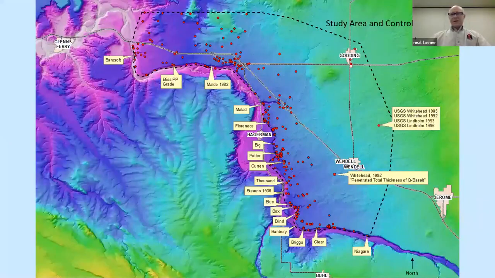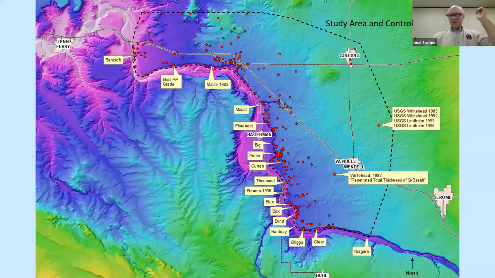This is the study area in south central Idaho, near the towns of Gooding, Wendell, and also Bliss at this location. All these red dots are control points that are used in the 3D model of the QT surface. I'll get into that acronym in a second. And 86% of these control points are within 2 miles of a mapped outcrop.